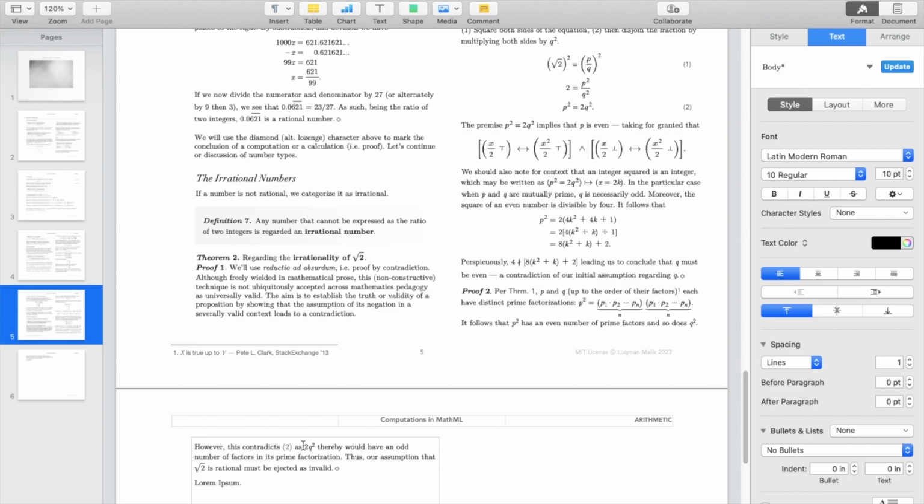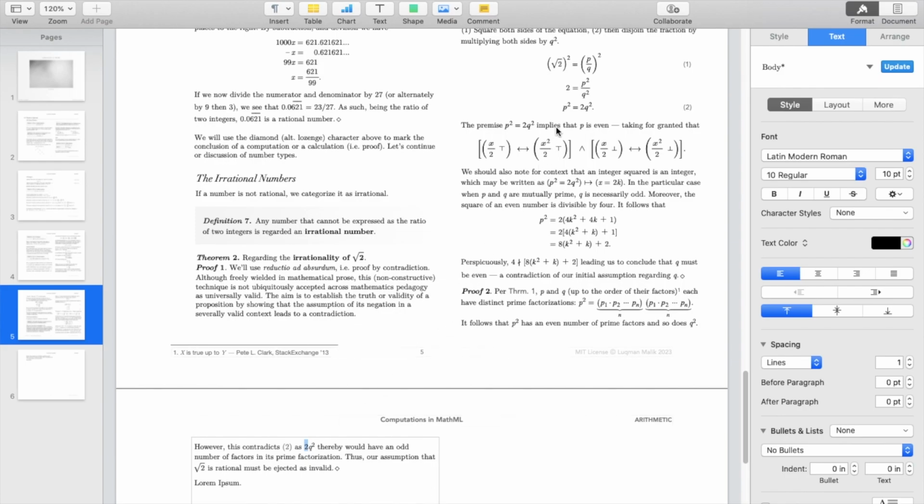So this contradicts 2, as 2Q squared, thereby, would have an odd number of factors in its prime factorization. We have this extra 2 in here, don't we? Right? Q squared, we just established, would have an even number of prime factors.